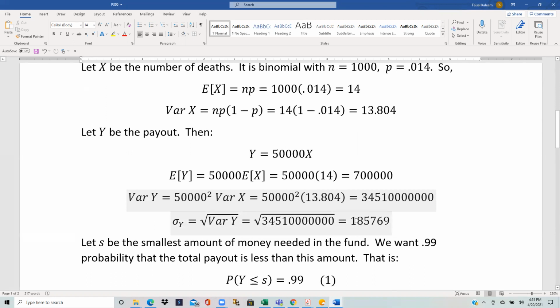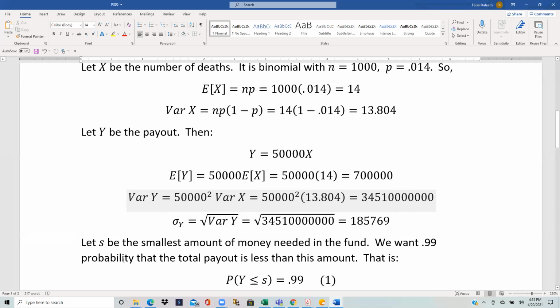Now we have to find the smallest fund that is needed so that there is at least 0.99 probability that the fund will be sufficient to cover all the payout. That means we are looking for 0.99 probability that the total payout is less than this amount.